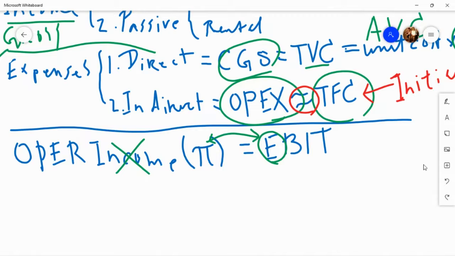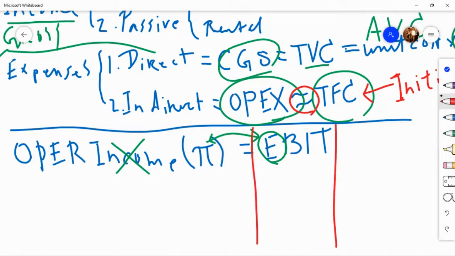So I like the naming in the right column. I prefer the nomenclature in the right column.